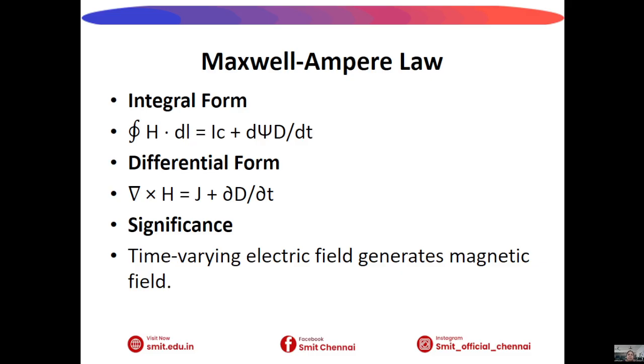This law states that the circulation of magnetic field intensity around a closed path is equal to the sum of conduction current and displacement current enclosed by the path. This equation explains how changing electric fields generate magnetic fields and plays a vital role in electromagnetic wave propagation.